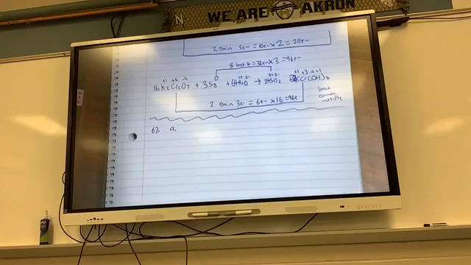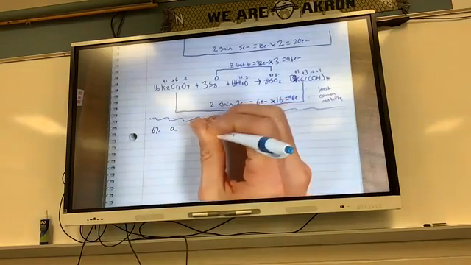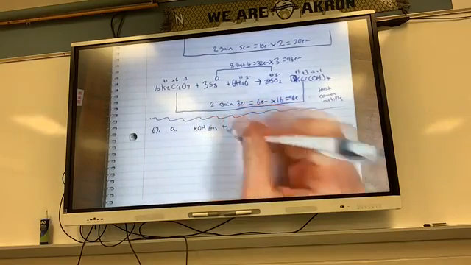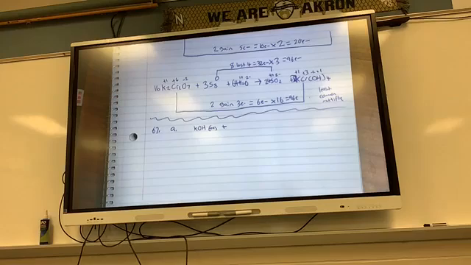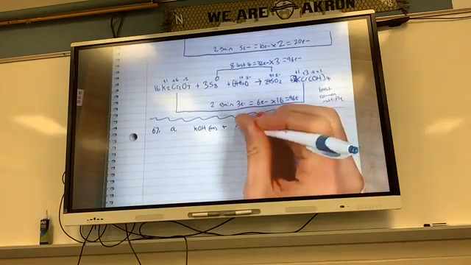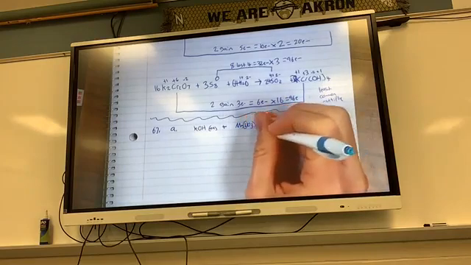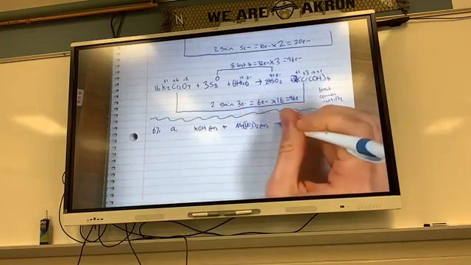So potassium hydroxide is KOH. That says that it is aqueous. Plus magnesium nitrate. We know that is Mg(NO3)2. That is aqueous.